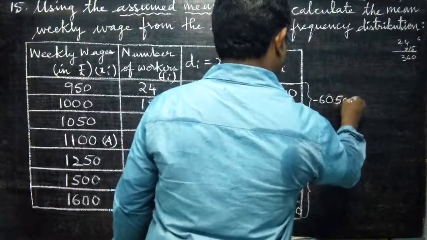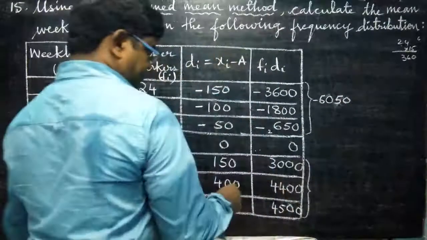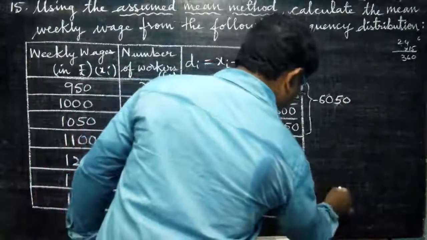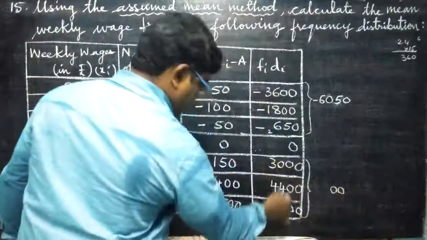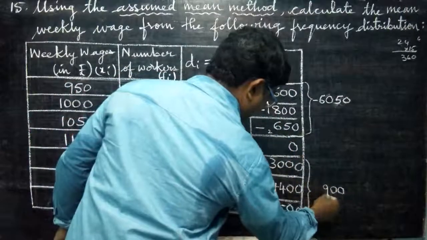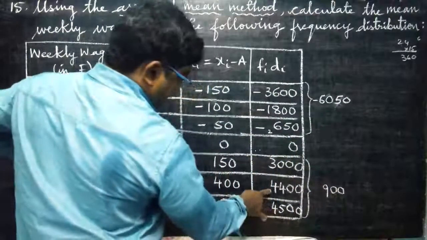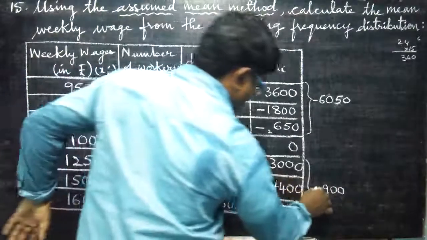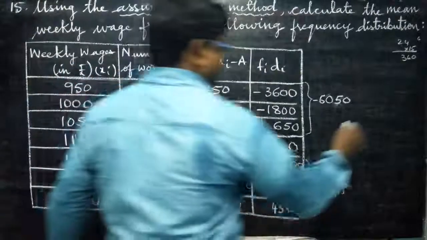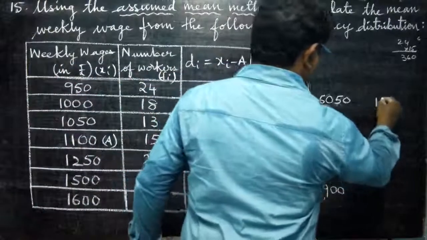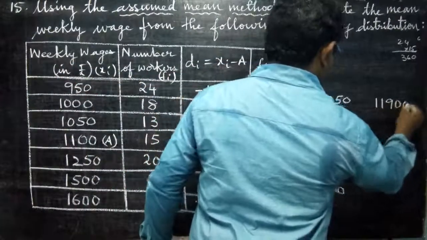For the positives, 4 plus 4 is 8, 8 plus 3 is 11, so 11,900. Now subtract 6,050 from 11,900.